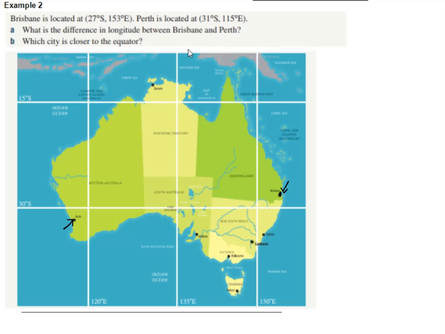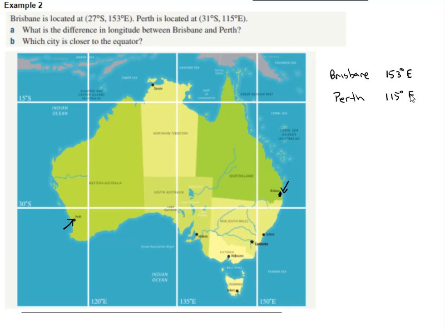Well, we have Brisbane's longitude, let's write them down. Brisbane longitude is 153 degrees east, and Perth longitude is 115 degrees east.